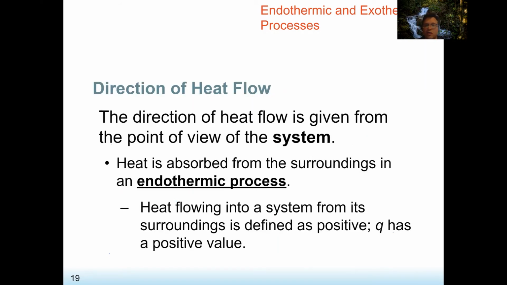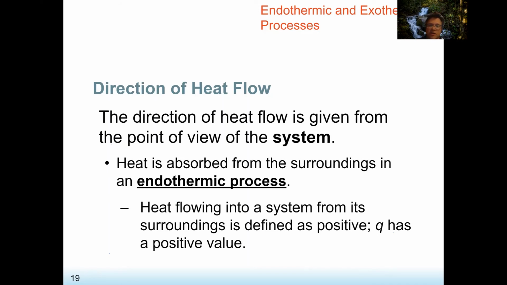So when we talk about the direction of heat flow, we're almost always going to be talking about it from the point of view of the system. If the system absorbs energy from the surroundings, that means energy is going into it. The prefix for that is endo, so this is an endothermic process. Heat is going into the system.